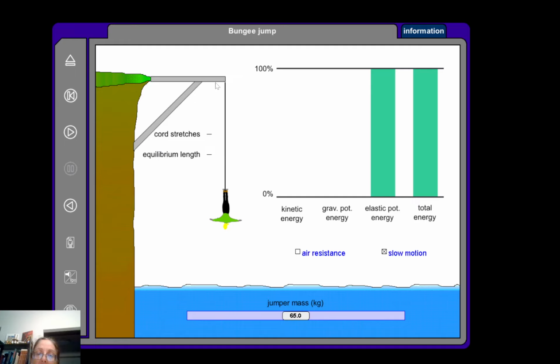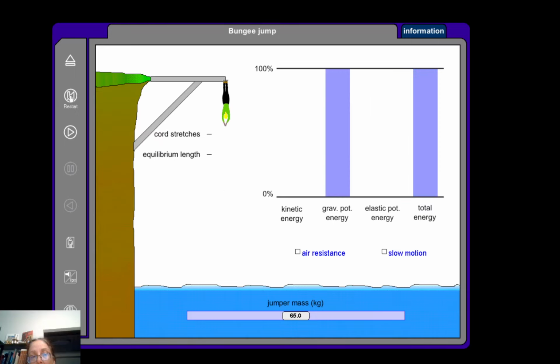So if you are in free fall between here and there, that will be free fall 2 meters, right? All that potential energy is going to be converted into stretching the rope from here to there. So all the potential energy you begin with is going to turn into gravitational potential energy here.